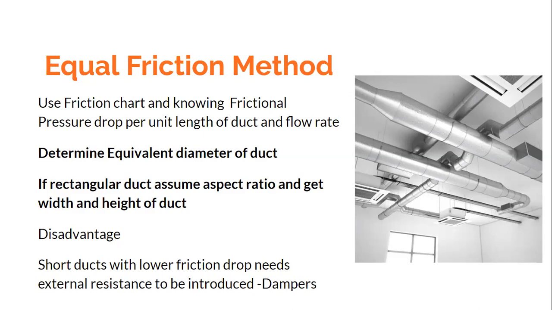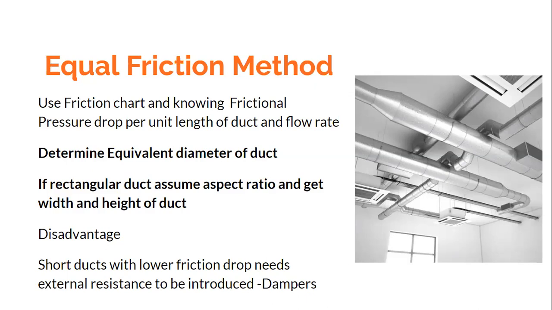So the shorter ducts would have lower friction drops. The resistance encountered by the air in the shorter ducts would be less, and the resistance encountered in the longer branches would be more. So look at the mismatch. Longer ducts experiencing more resistance, shorter ducts experiencing lower friction drop.